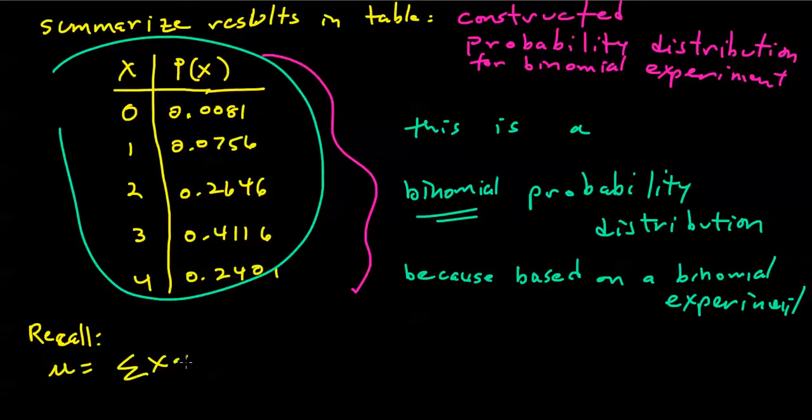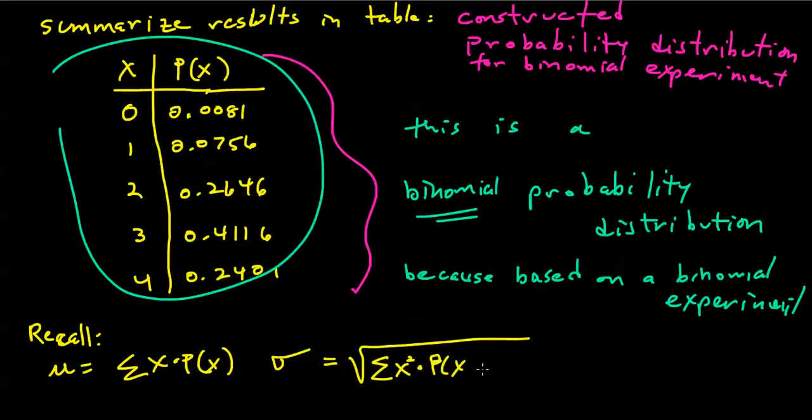The mean is kind of easy, summation x times p of x, and the standard deviation is kind of nastier, the square root of summation x squared times p of x minus mu squared. You'll recall those formulas from section 5.2.